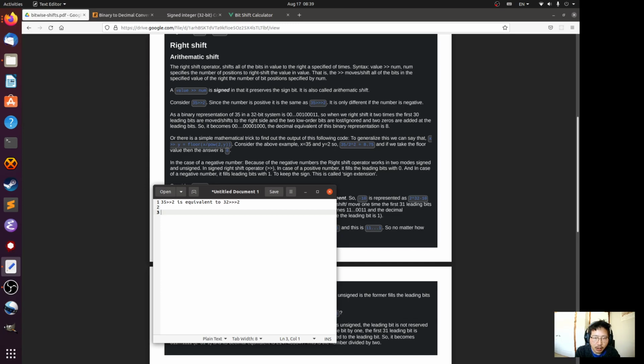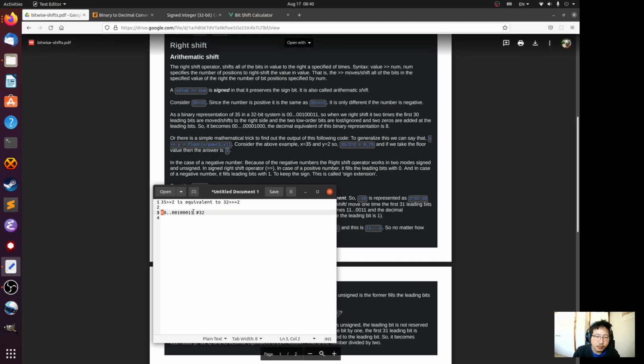Binary of 35 is this. Okay. Now we're going to shift all the bits to the right by 2 digits. So it becomes this. Can you see here? All the bits are moving right.